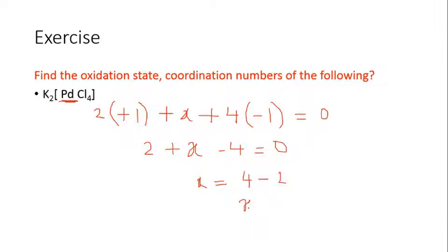So X is equal to 2. So your palladium is in +2 oxidation state. So you will represent it either as palladium 2+ or, if you are naming the compound, then you will represent it in Roman numerals inside the brackets. So this is how to calculate the oxidation state.